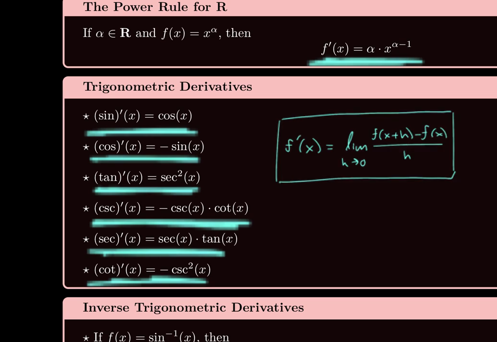But once we had the chain rule, the product rule and the quotient rule, a lot of these were easily proven once you had proven the first two, because the tangent function is simply the quotient of the sine and cosine function. The cosecant function is simply the reciprocal of sine, which means you can use the quotient rule. The secant function is the reciprocal of cosine, which means you could use the quotient rule. And the cotangent function is the quotient of cosine and sine.